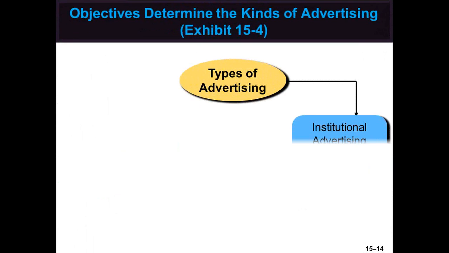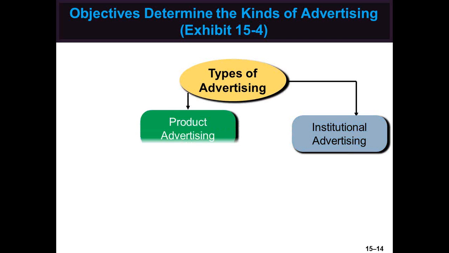Advertising objectives largely determine which of two basic types of advertising to use: product or institutional. Institutional advertising tries to promote the organization's image, reputation, or ideas.